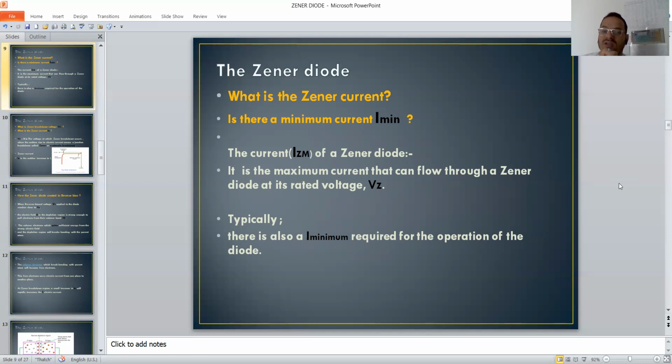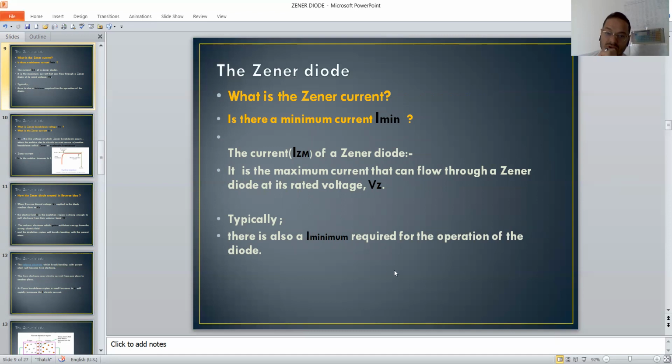It is the maximum current that can flow through a Zener diode at its rated voltage, some relation with the Zener voltage. Typically, that means we have maximum current, we have minimum current. Like I said before, we can say leaking current near zero.